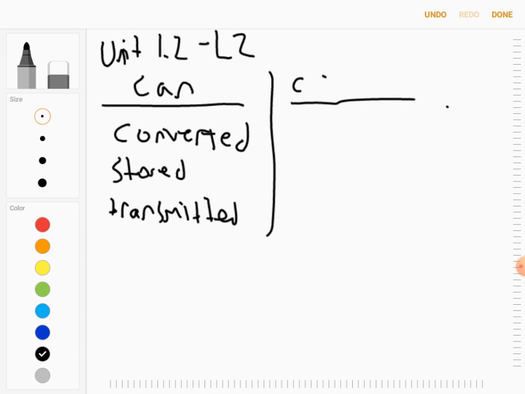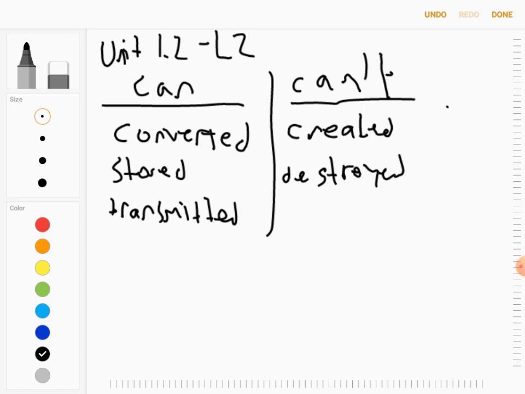And then things that it can't do or be is it can't be created or destroyed. So that's some things that are important to consider. And you might think, how, like, it seems like that electrical energy would have to be created at some point, but it just always exists. It can just be converted and transformed into a new type that's more visible and usable for a certain purpose.